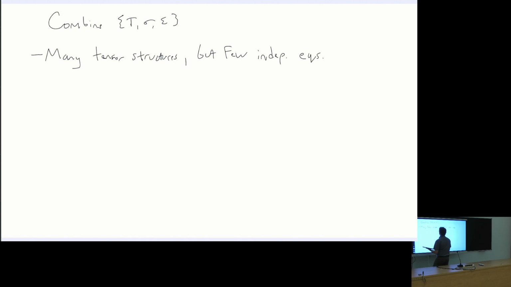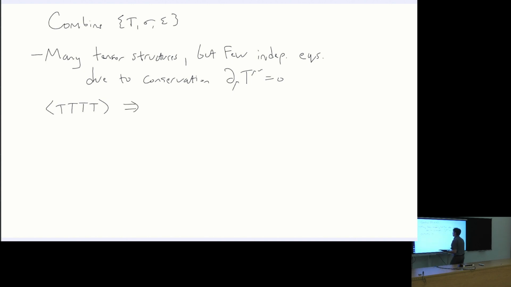So for example, for TTTT, we did this analysis back in 2017, and the conclusion is that there are 5 full 2-variable crossing relations.